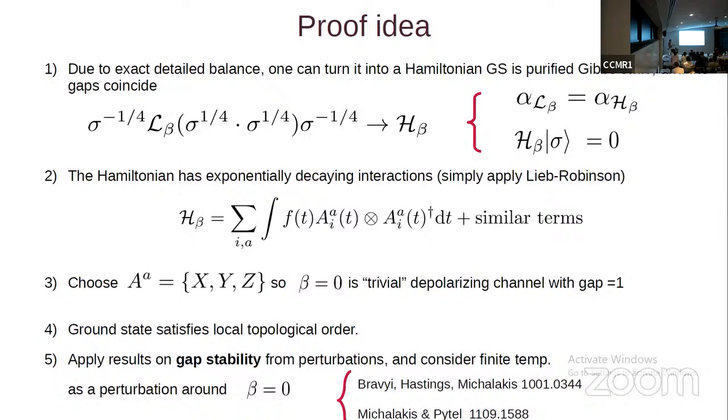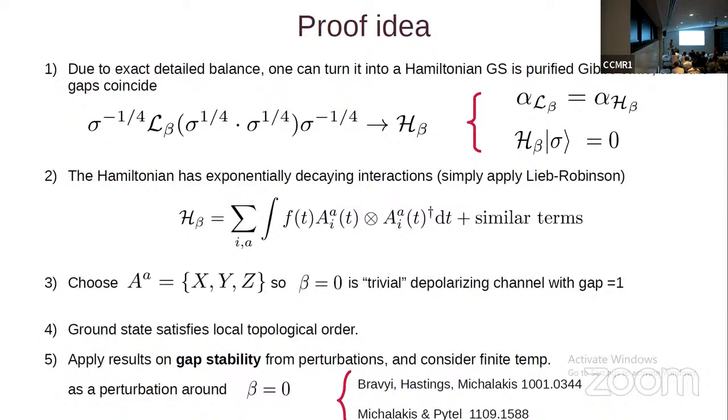Now, we can also show that because the ground state is just a maximally mixed state, it satisfies a thing called local topological order. And there are these very strong and nice results on the perturbation theory of the gap of such Hamiltonians by, for instance, Bravyi, Hastings, and Michalakis, which allow us to say that we can perturb our Hamiltonian in some way around beta equals 0 and still have a gap.